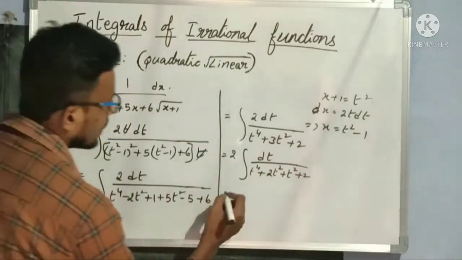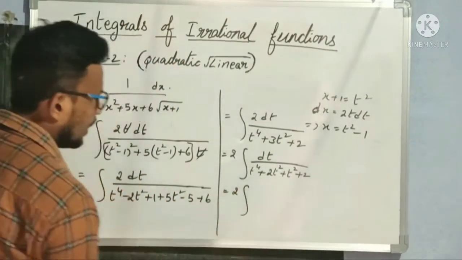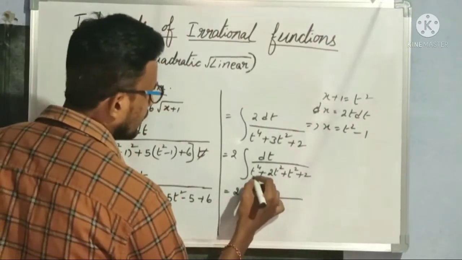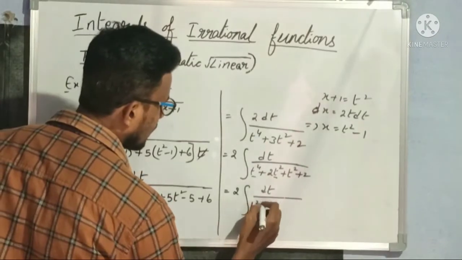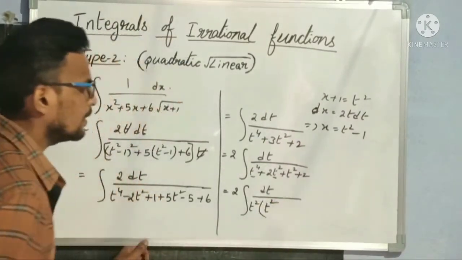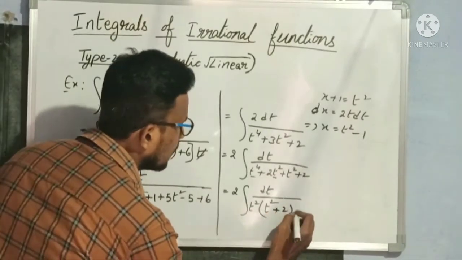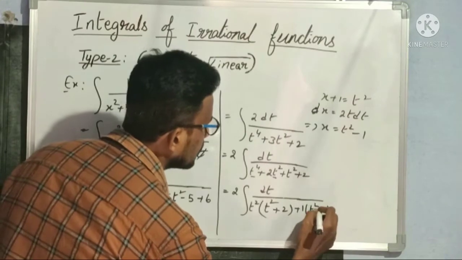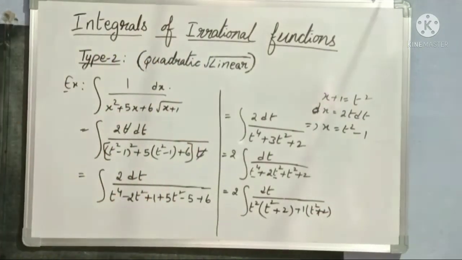So that is equal to 2 integral of dt by, in between these two I am taking t square as common. t square into, if I take t square outside, I am left with t square plus 2, plus 1 into t square plus 2. This is how we have to split the factors.